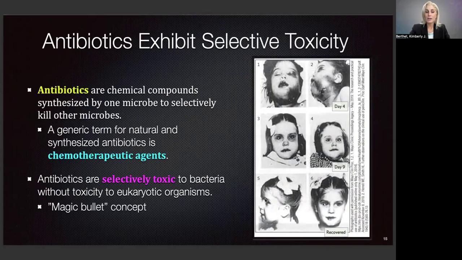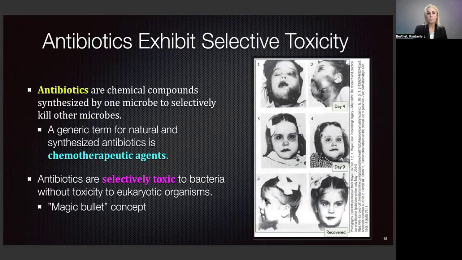Looking at antibiotics, we know antibiotics work well because they have what we call selective toxicity, meaning antibiotics target microorganisms, so they don't harm our tissues within our body. Our eukaryotic cells are not part of the mode of action of these chemotherapeutic agents, of these antibiotics themselves.